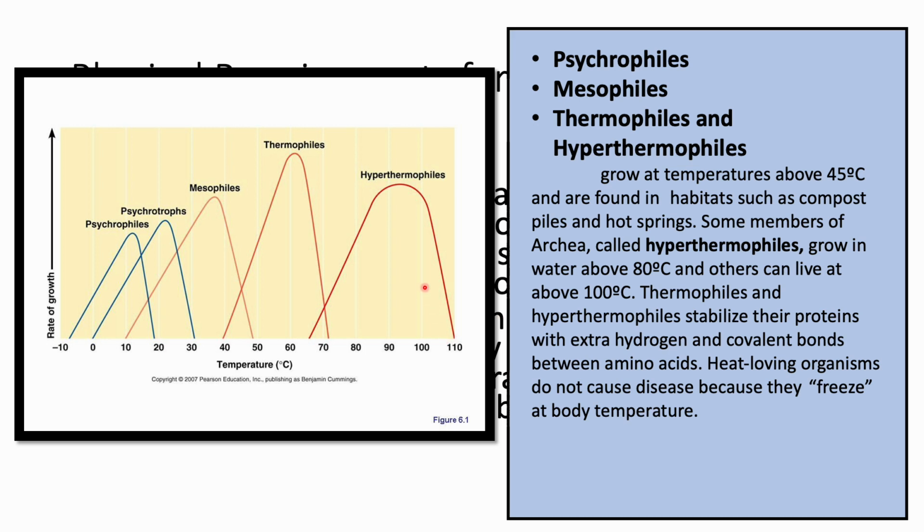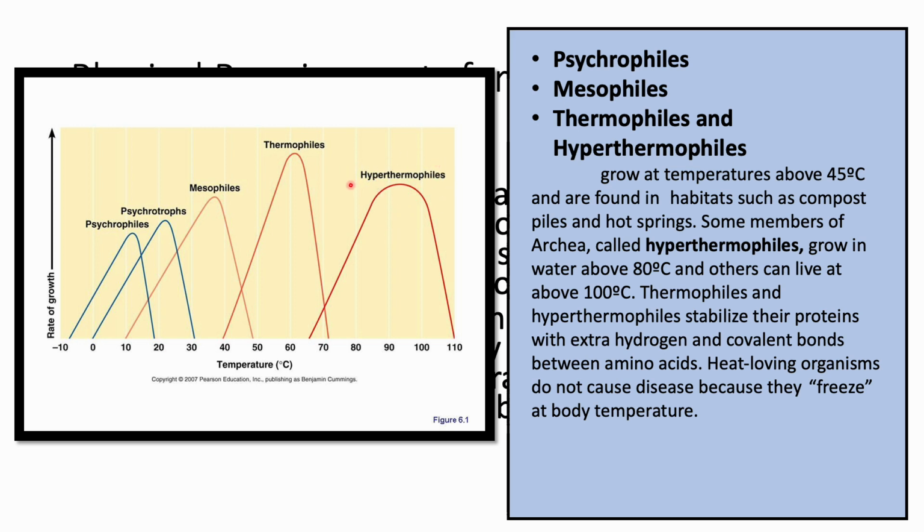And then finally we have thermophiles and hyperthermophiles. And these organisms grow best in high temperatures. They really start popping off here at about over 120 degrees Fahrenheit, so that is very hot. And then when we get into hyperthermophiles, they start really thriving around 200 degrees Fahrenheit.